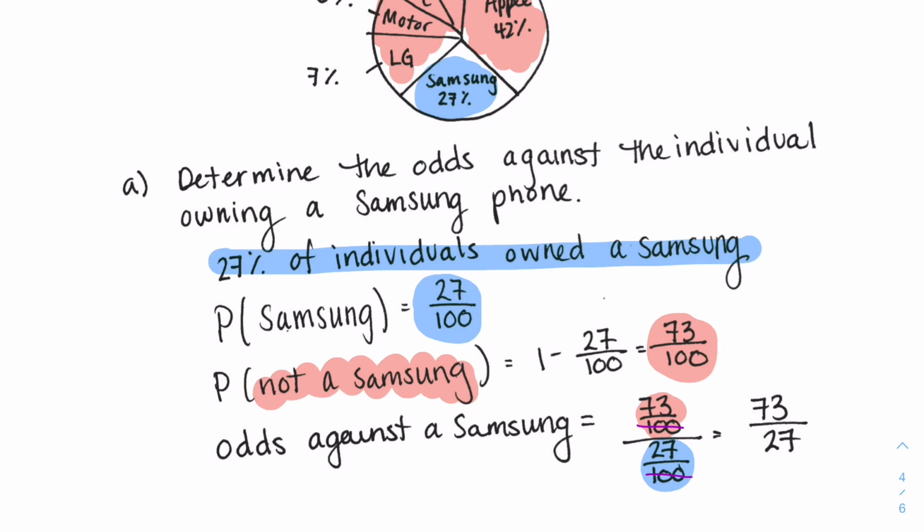And the thing you want to note one last time is if you take this 73 and you add it to 27, you get that 100% because the odds in favor and the odds against better take up your entire population. Okay?